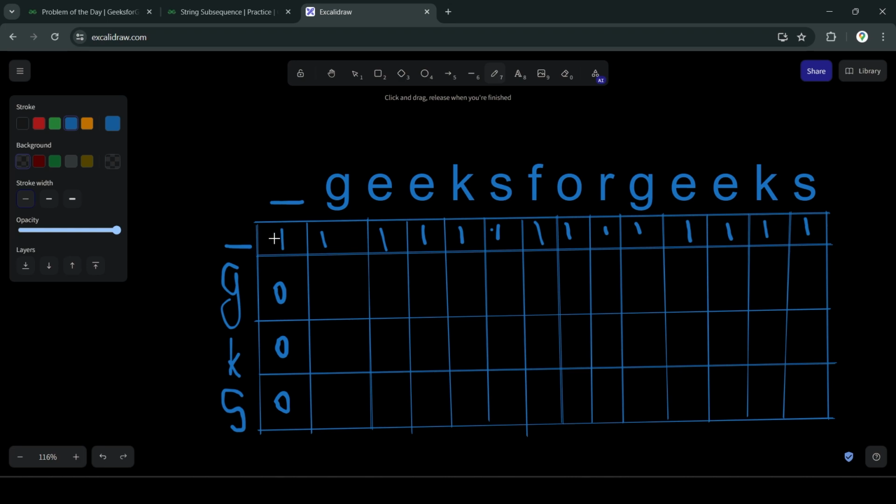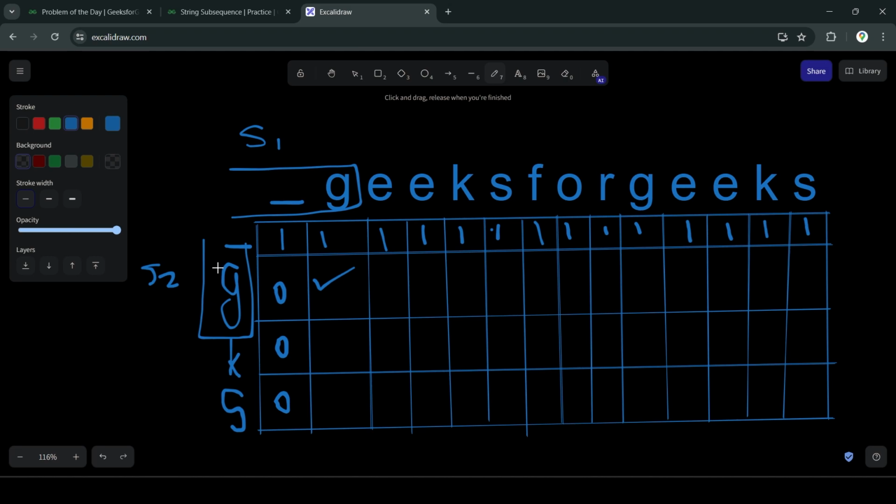So let us discuss how this tabulation works. First of all, let me tell you the base case. Basically, you can see that all the upper row I have filled with one. Why? See what this cell means. Suppose this is S1 and this is S2, and this cell represents whether this S2 is present in S1 or not as a subsequence.